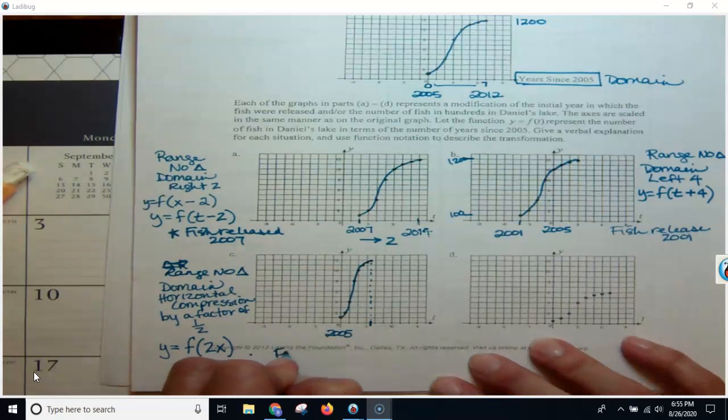So the x and y points, it would be x divided by 2, which is what we want to do. Then, this means that the fish population basically increased twice as fast.